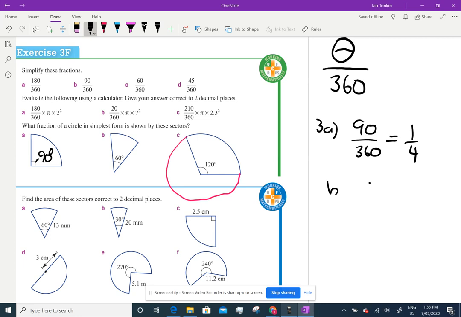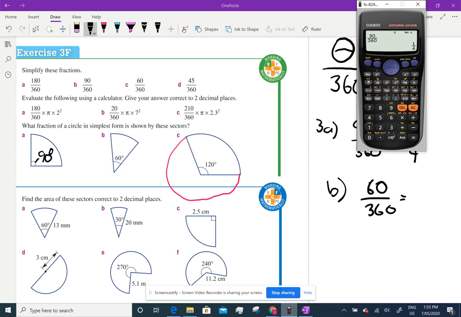So now you go and have a go at B and C and then come back, or pause the video. So the next one is 60 over 360. And again, if I just go back, that's a sixth.